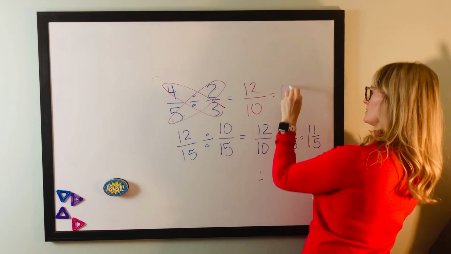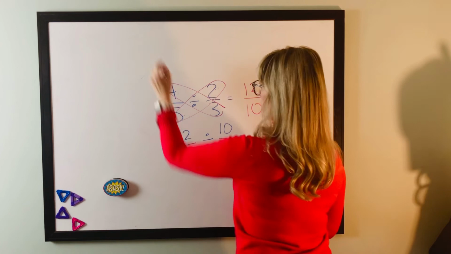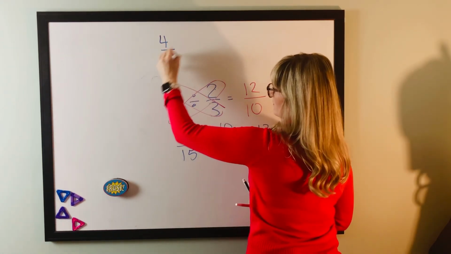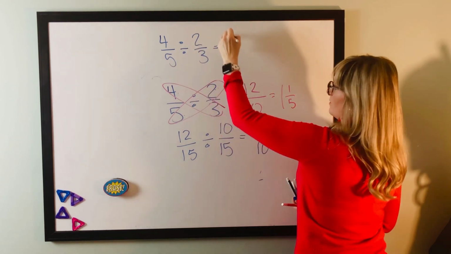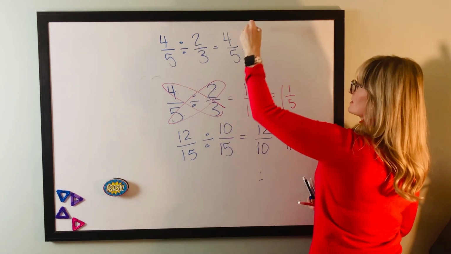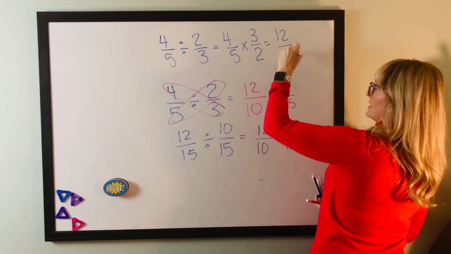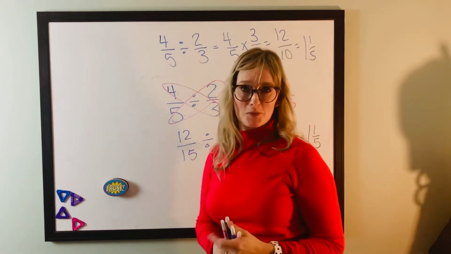Which again, we will reduce to 1 1/5. Okay. Or I won't erase it this time, I'll just rewrite it. 4 over 5 divided by 2/3. Change that into 4 over 5 times 3/2 equals 12 over 10. Okay, so all of those ways will work.